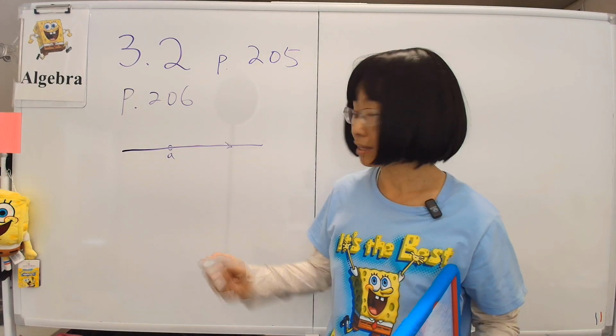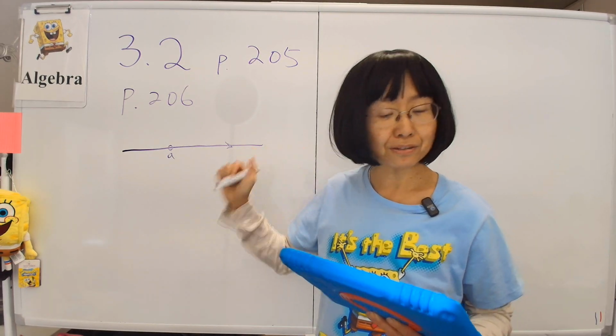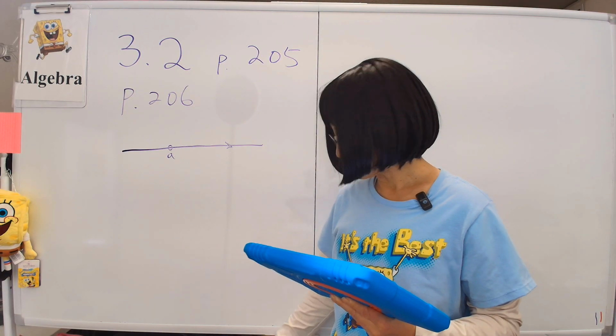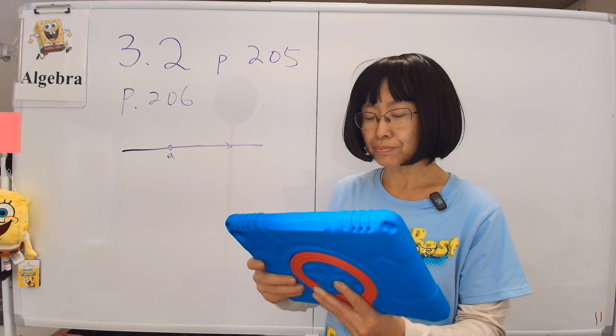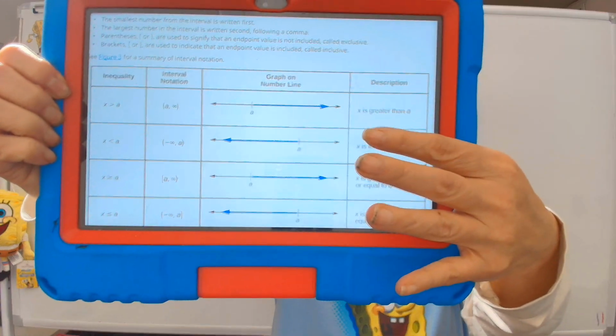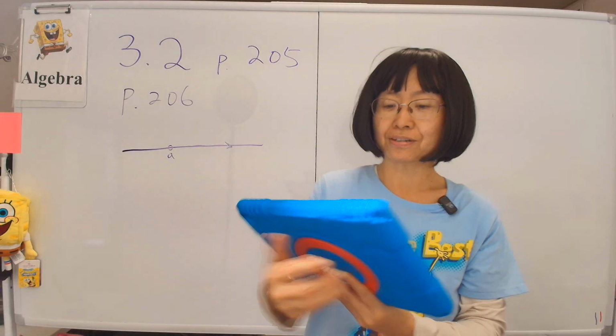That is often how it's done. But either way, the arrow means it doesn't stop. It'll go forever all the way towards infinity. So that is how we express it, and then we even have a description here. That just means x is greater than a. Well, that's how you say this in word form.